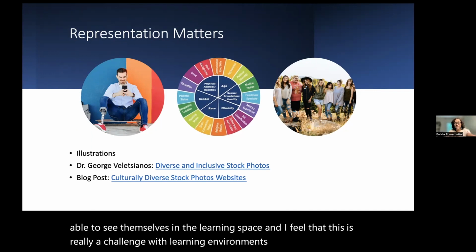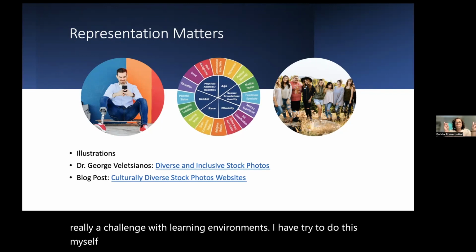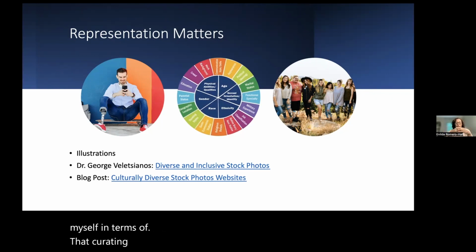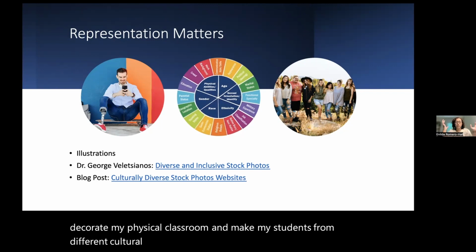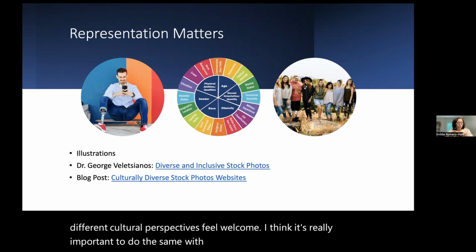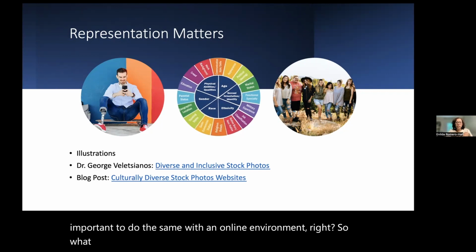I have tried to do this myself by decorating my online learning environment, just as I would decorate my physical classroom, and make my students from different cultural perspectives feel welcome. I think it's really important to do the same with an online environment, right? So what are the illustrations that we're using to make our students feel seen?